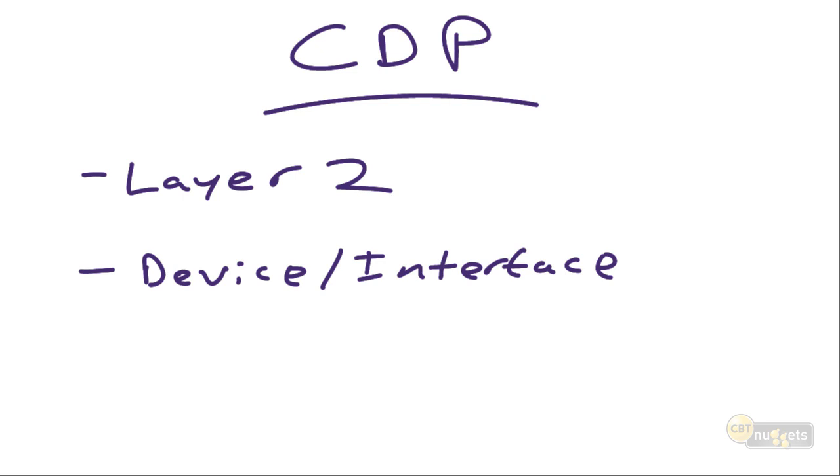Now, Cisco was very interested in helping you with network management by inventing the Cisco Discovery Protocol, a layer 2 protocol that you can enable for the entire device, and then you can enable or disable on an interface by interface basis if you want to. Now, Cisco devices default to this feature turned on and pretty much enabled on every single interface. But let me show you how to control that.